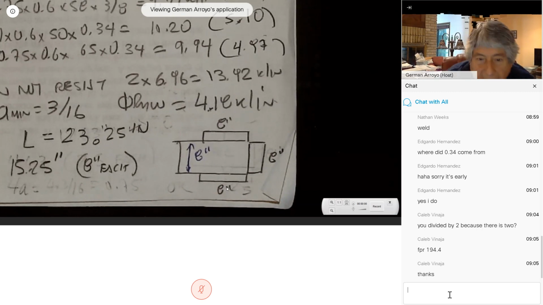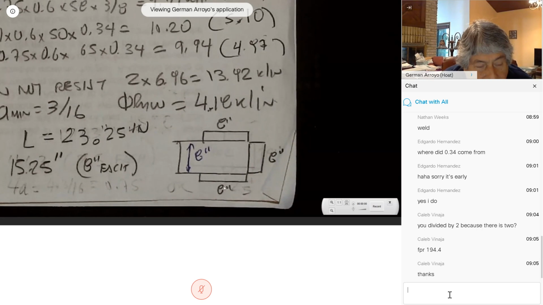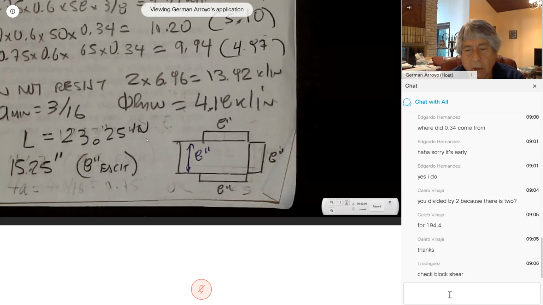Well, look, I had longitudinal and transversal welds, the same size, 3/16 size. And the load is applied at the centroid. What do I have to do in here? What does the code tell me whenever you have longitudinal and transversal welds besides block shear?